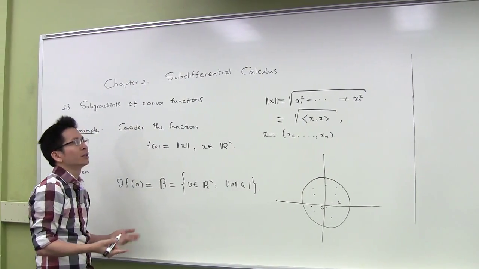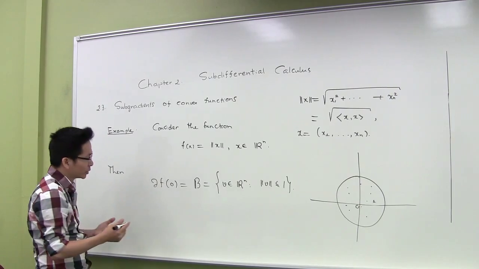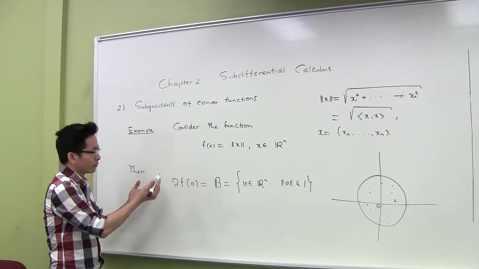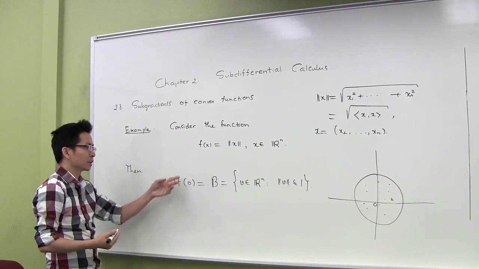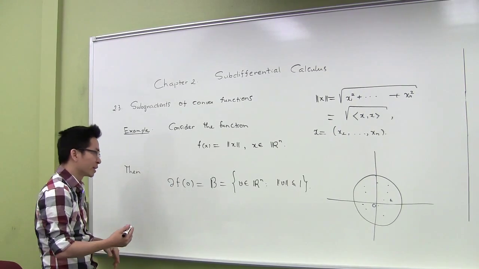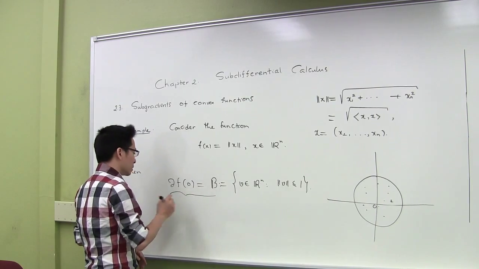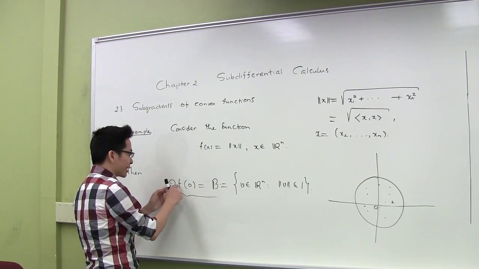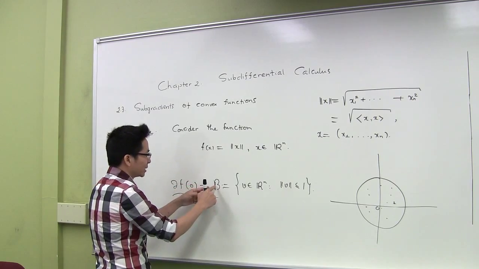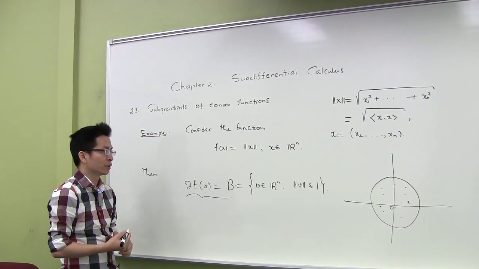So this is more general than the previous example. Now we follow the procedure developed in the previous example in order to prove that this is true. We're going to show that the subdifferential of f at 0 is a subset of B, and B is also a subset of the subdifferential of f at 0.